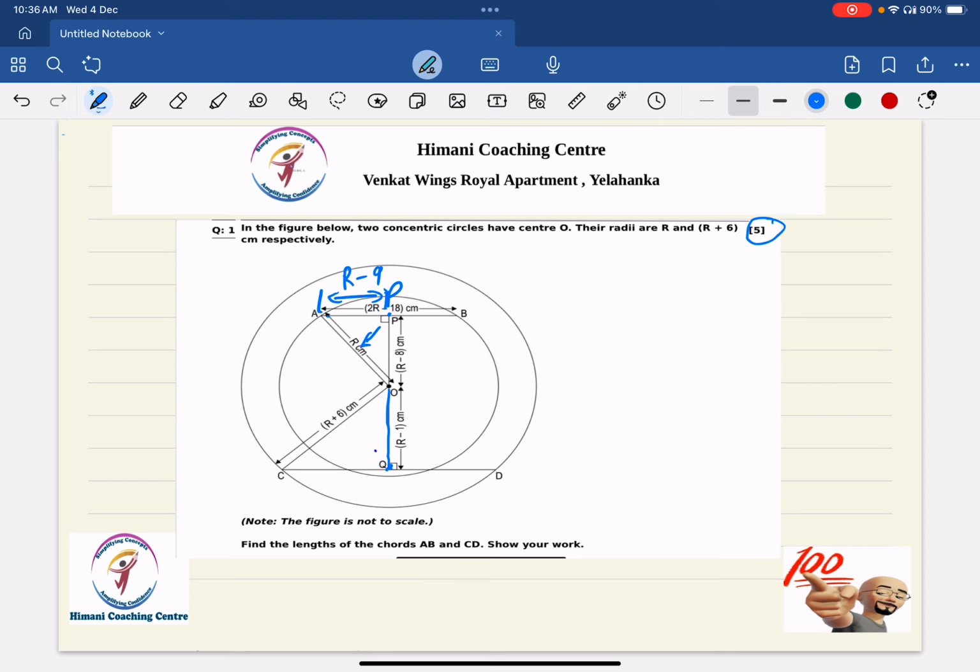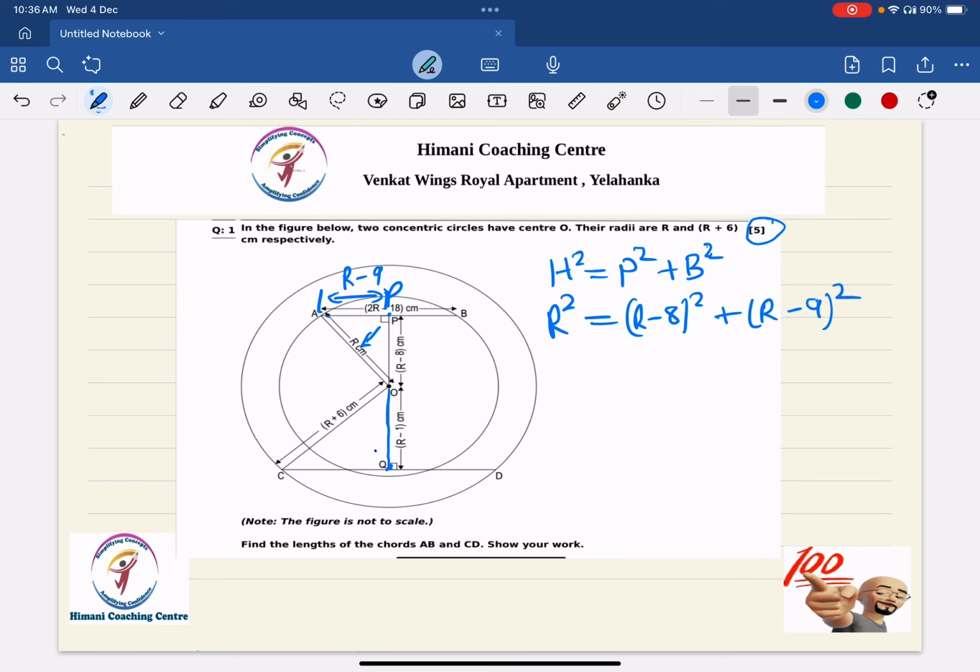So, what is the theorem? Pythagoras theorem says h square equals p square plus b square, perpendicular square plus base square. So, h, which is OA, is r, so r square. OP is r minus 8, so r minus 8 square plus r minus 9 square.